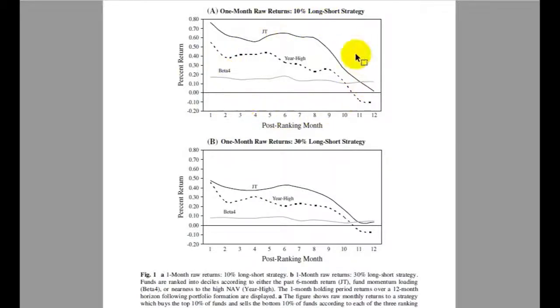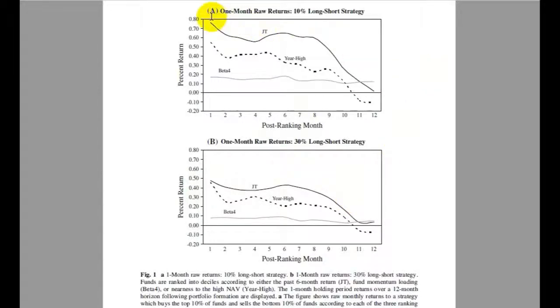Right here we're ranking and holding the top or bottom 10% for each of these, and here we're holding the top or bottom 30% of these. So we see initially that these returns are a lot higher than these, and that's what we found in the prior tables, because we're moving from holding only the extreme to a little less extreme in the momentum rankings.